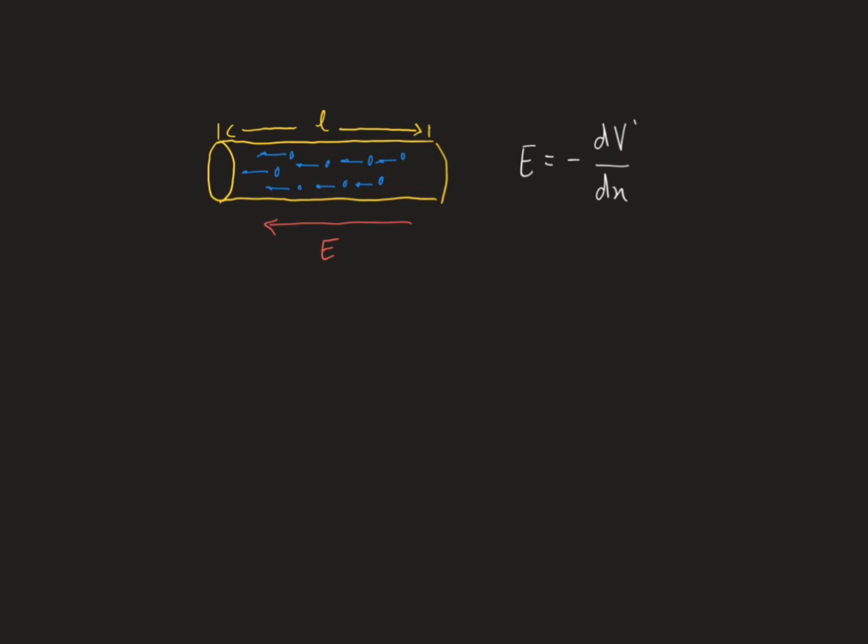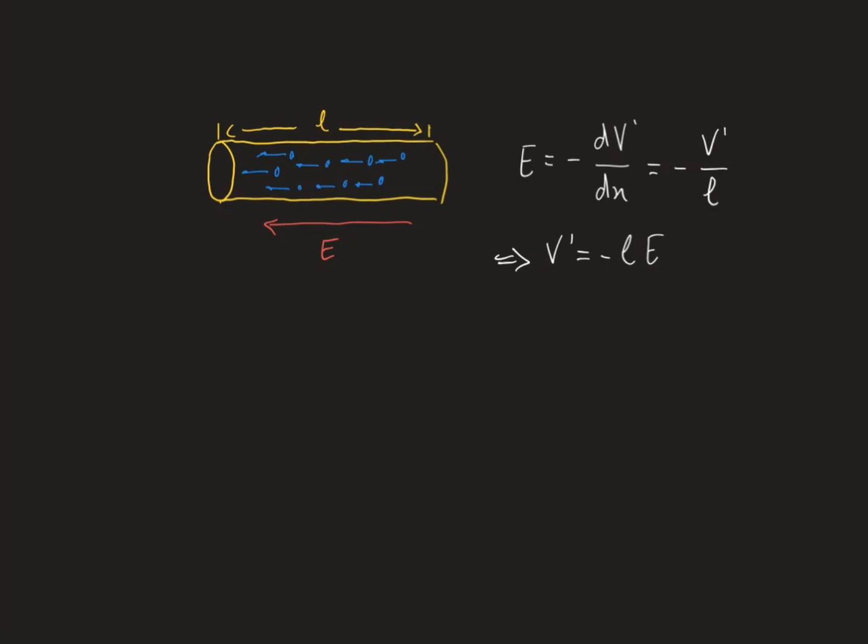If the electric field is uniform here, then this same expression can be written as minus V prime divided by the length of the wire L. The minus sign in this expression tells us that the potential increases going backwards along the field lines. From this expression, we get that the potential can be written as minus the length of the wire times the electric field.